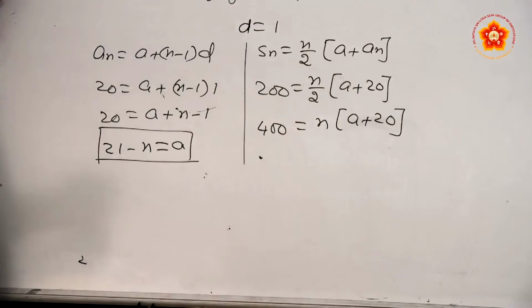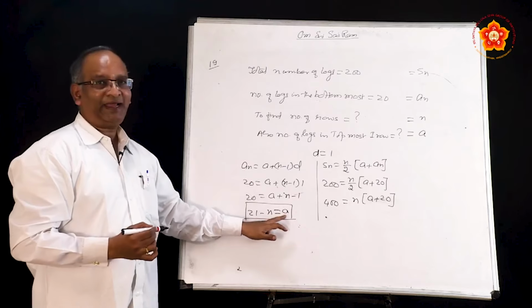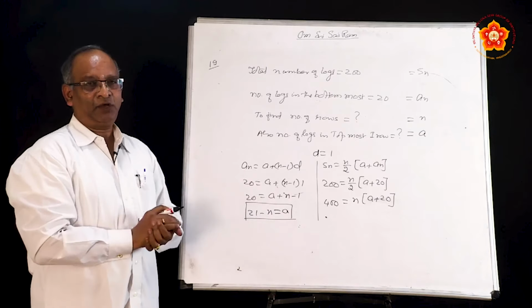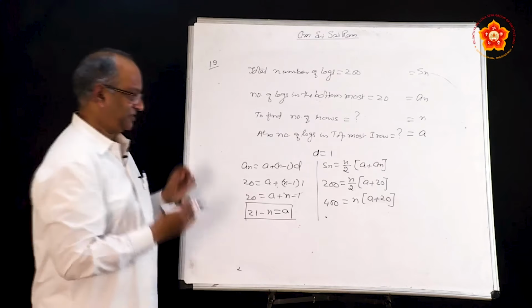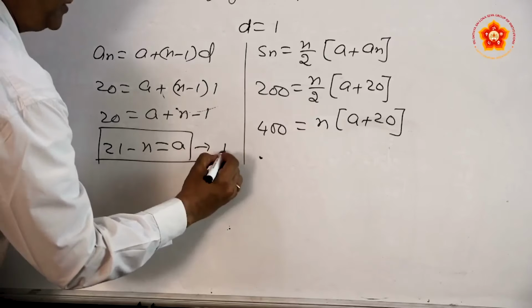Now what you do is, we have already found out A in terms of n. So substitute the value of A in terms of n in the other equation. You can call it 1.